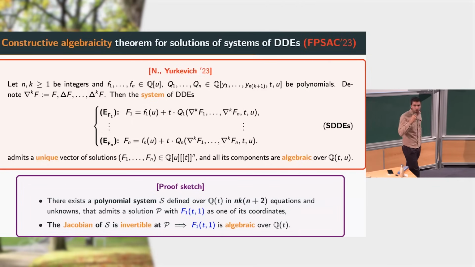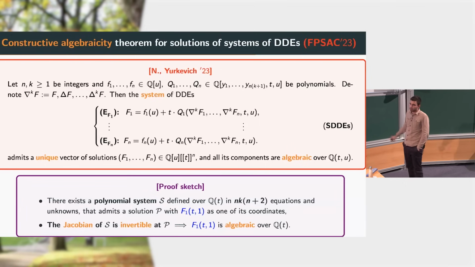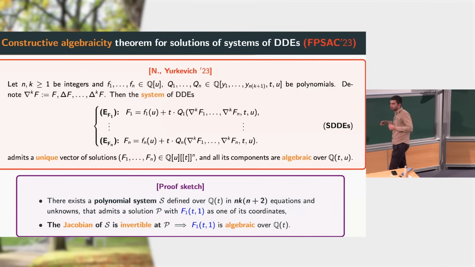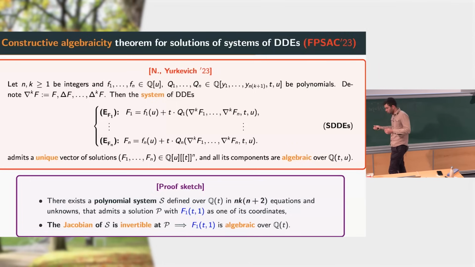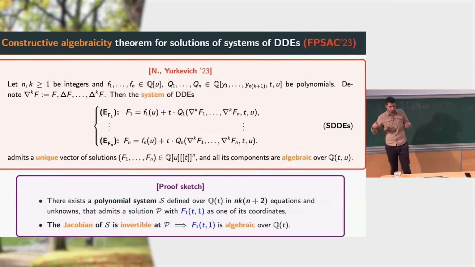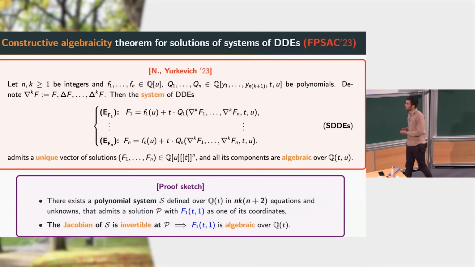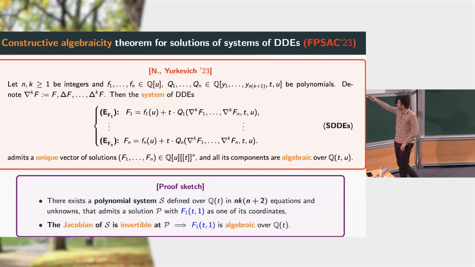And it mainly uses some deformation techniques. So you deform your input system, you show that the deformation has some good properties, and then you show that the reduction to the usual base field is well defined and preserves the algebraicity.